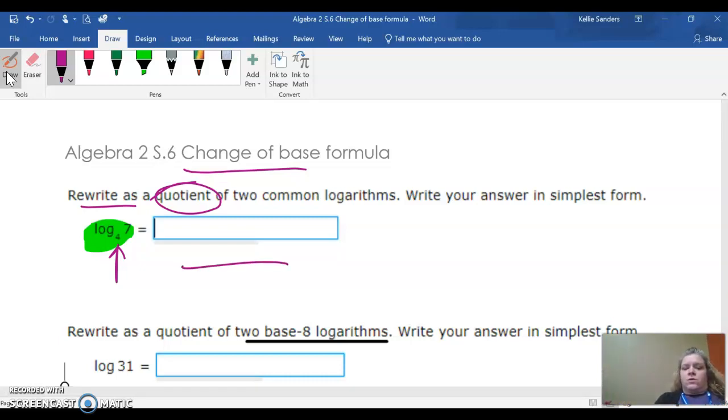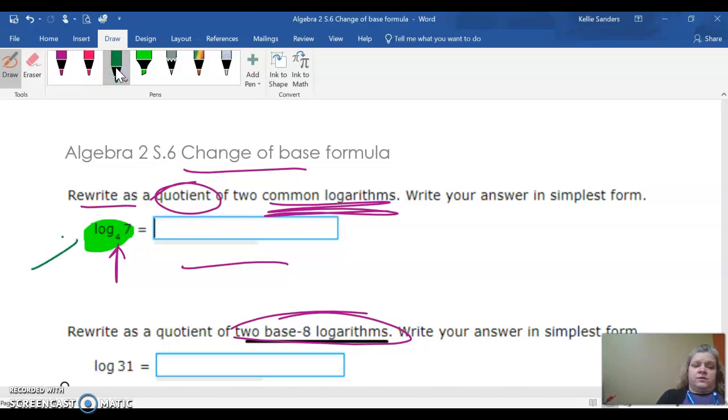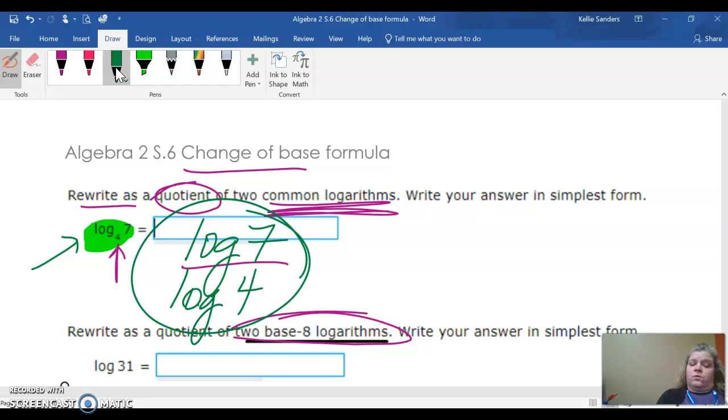So we're going to divide as two common logarithms, and we do need to read this because they are going to change it up on us in a little bit. And it says write your answer in simplest form. So what you do, if you have log base 4 of 7, that's what this is, then another form of that is log of 7 over log of 4.